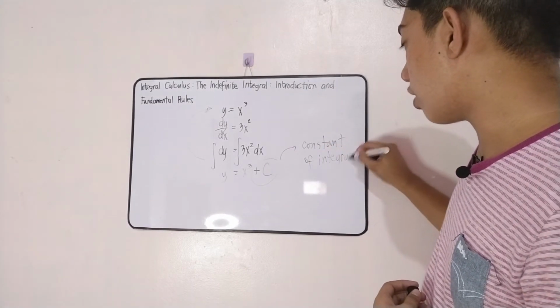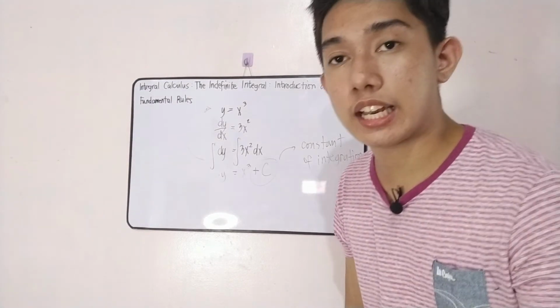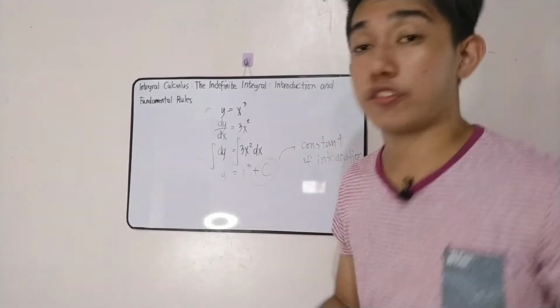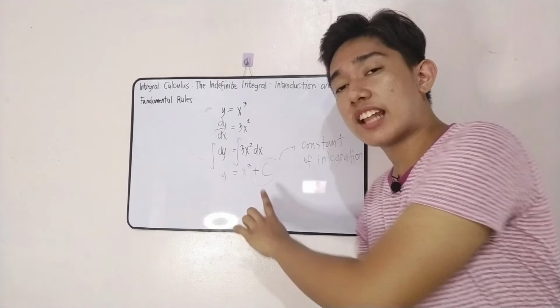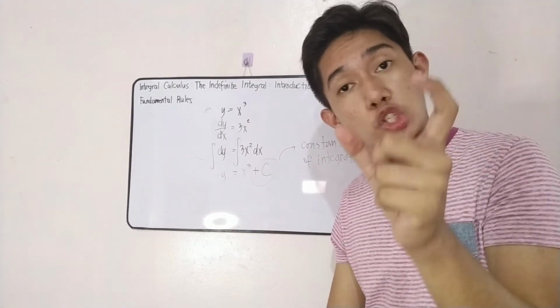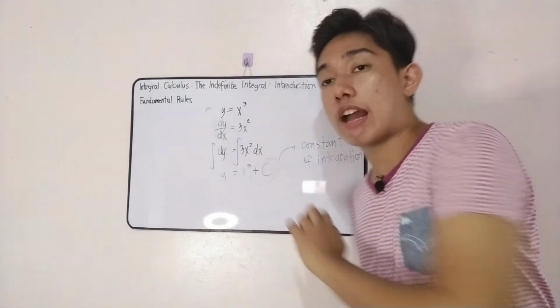The constant of integration is uncertain. This is the uncertain part of the solution because we do not know what constant it is, unless you are given a condition or a point x, y. Then we can determine the value of c.